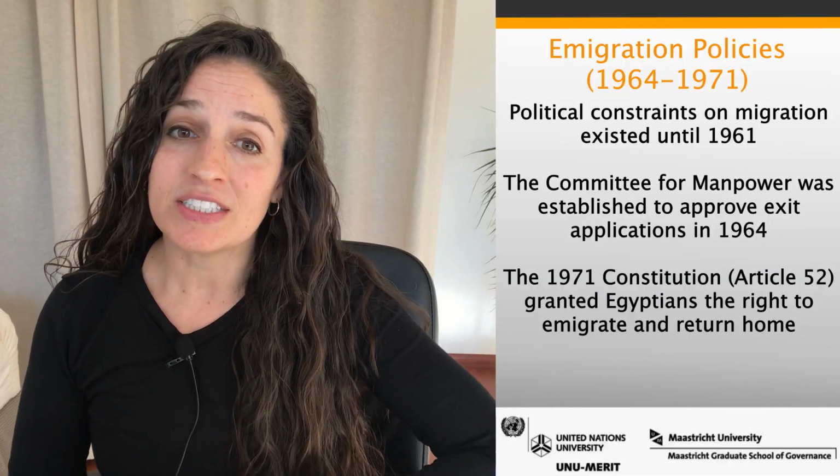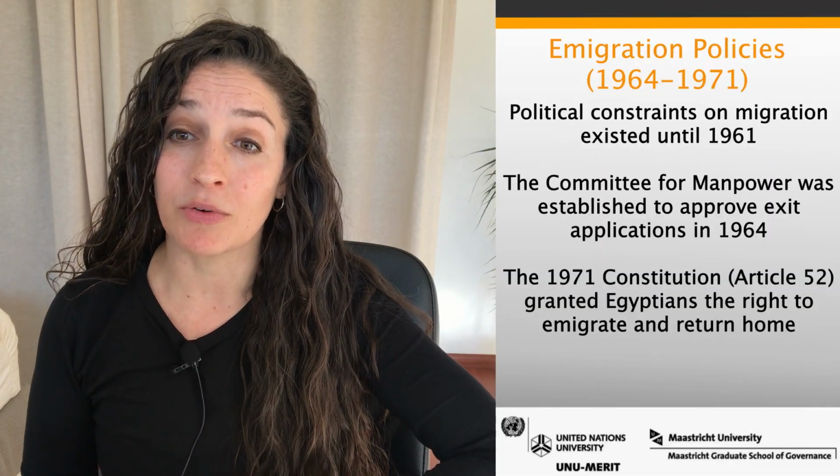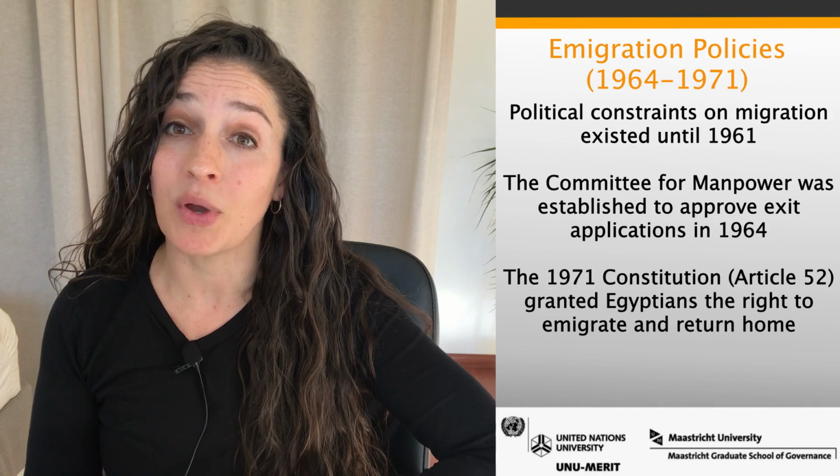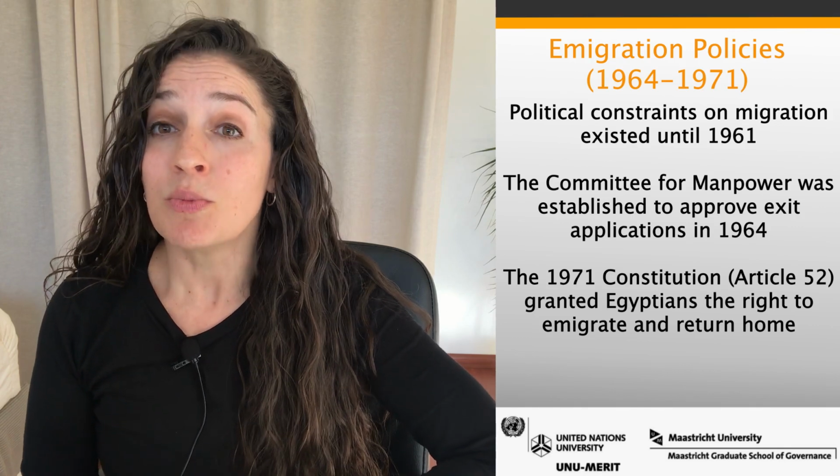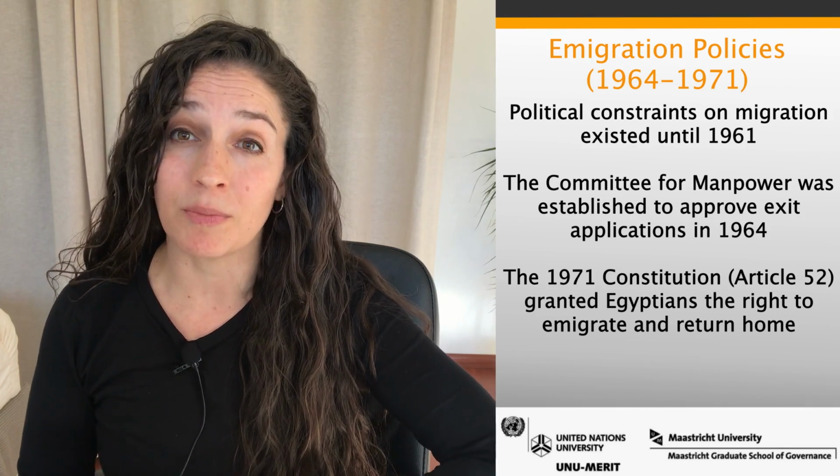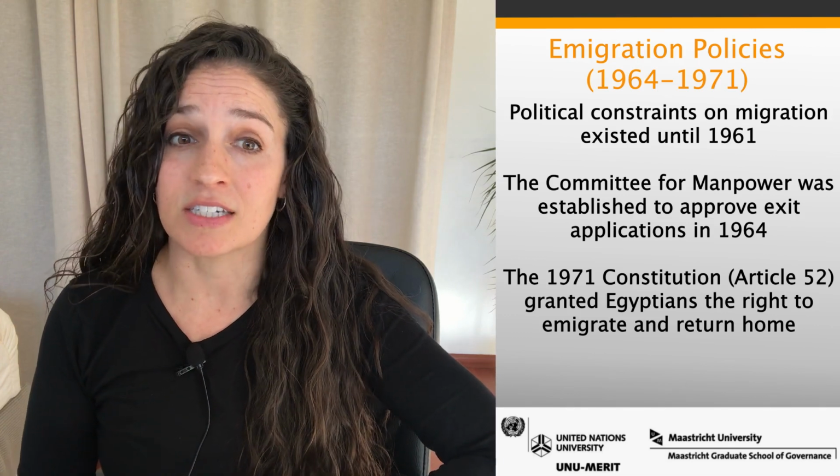So let's have a quick recap on immigration policies in Egypt. If you want to know more on that, of course, you can look at the video on migration history also. So until 1961, political controls on migration were enforced, and mainly through exit visa requirements. So it was more difficult to actually emigrate from Egypt until 1961.